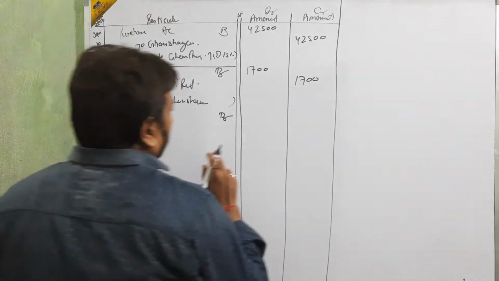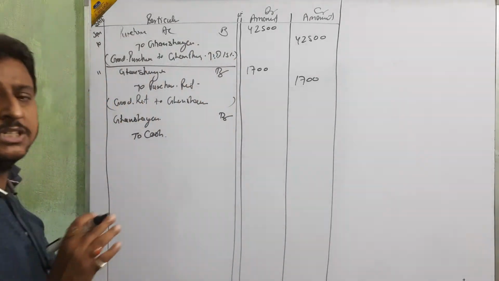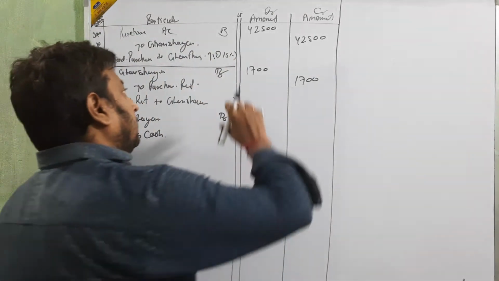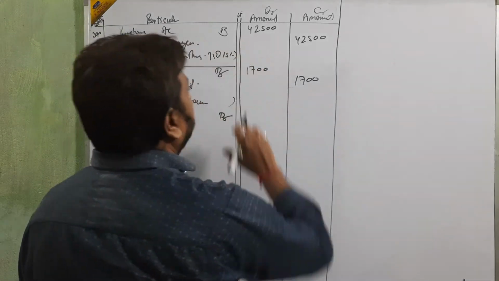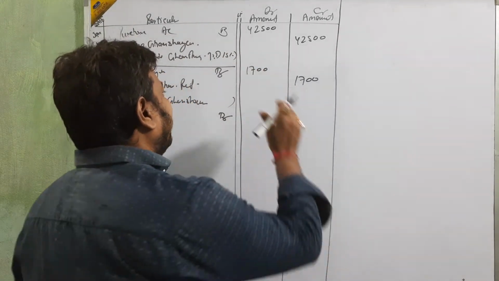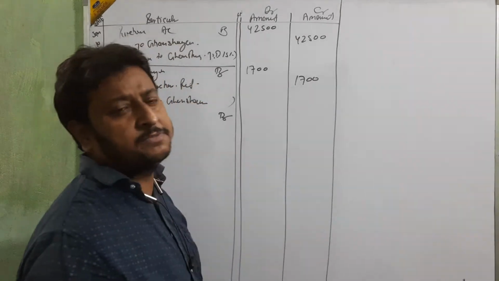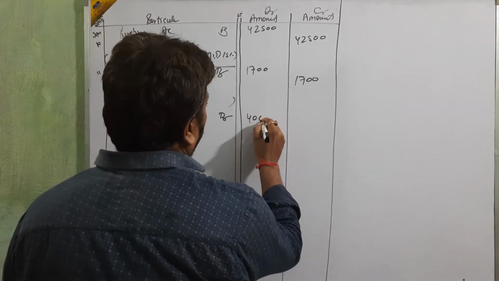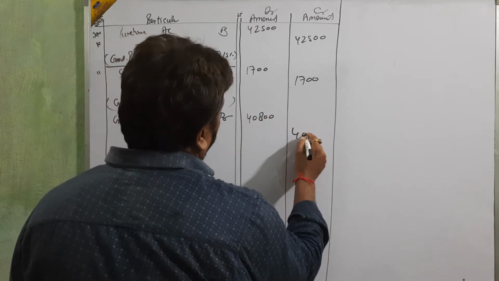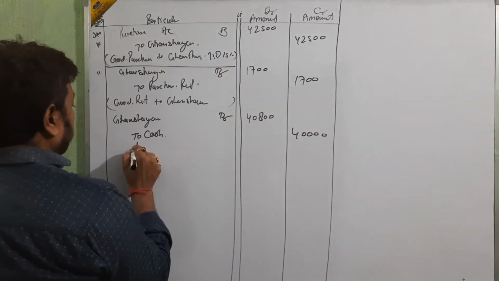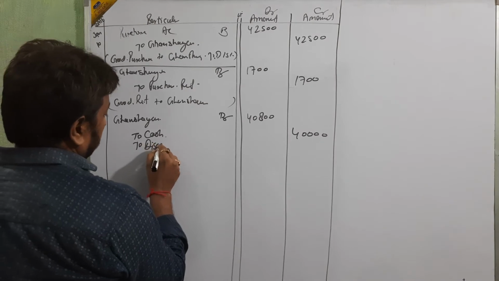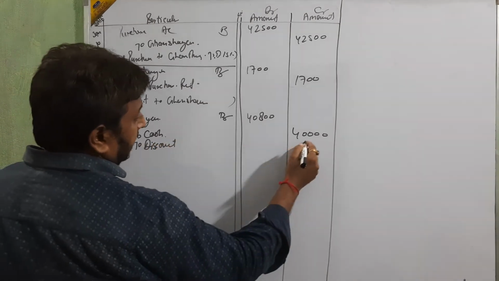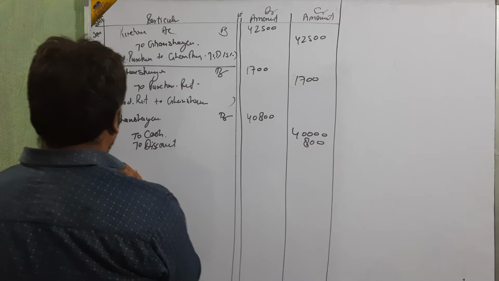Just check how much amount we have to give Ghanshyam. We purchased for 42,500, less 1,700 return, which means 40,800. We have to pay 40,800, but we are only paying 40,000. It means the discount account is 800.